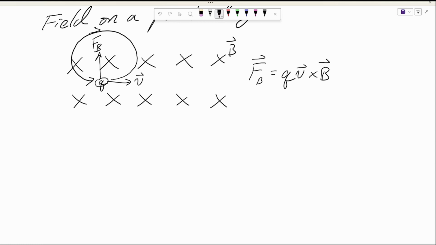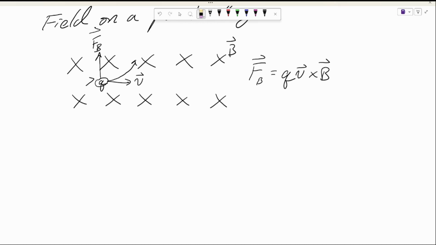So we can imagine it deflects upwards a little bit, and then once it's over here, if it has velocity pointing this way, that's going to have a force pointing this way, and so on and so forth as it goes around the circle.